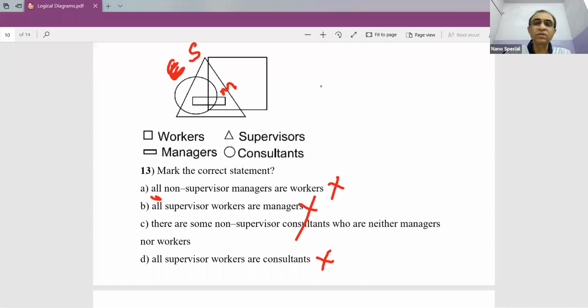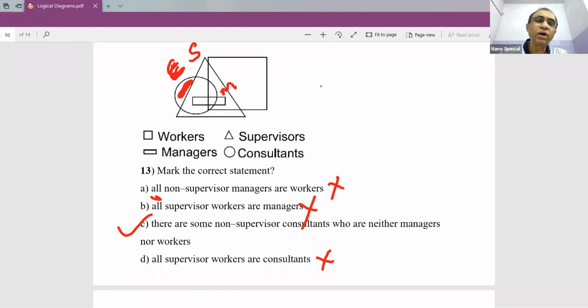Whenever you have this all business, you can just dismiss it. The only all relationship you have is all managers are supervisors. That's all. So the answer is by default C, and you can check why that is so. There are some non-supervisor consultants who are neither managers nor workers. So we are talking about these people.